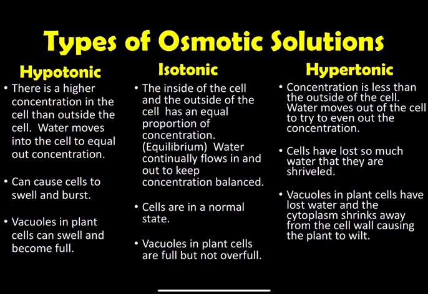In a hypotonic solution, there is a higher concentration in the cell than outside of the cell. Water moves into the cell to equal out concentration. Now, because there's so much water in the cell, it can cause the cell to swell and burst. So this is not a very healthy thing.